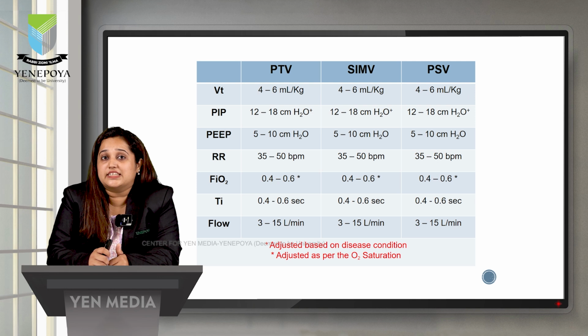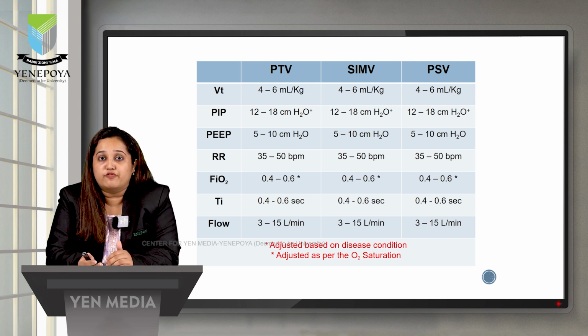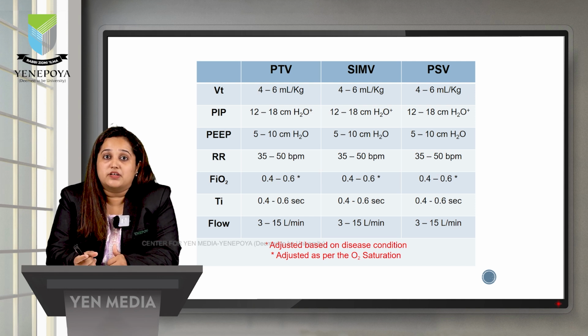The inspiratory time should be between 0.4 to 0.6 seconds, and the flow should be somewhere between 3 to 15 liters per minute. Now flow is one such parameter that we usually do not set in adult ventilators, but when it comes to neonates, depending on whether it is a term baby or a preterm baby, we are going to change the flow.